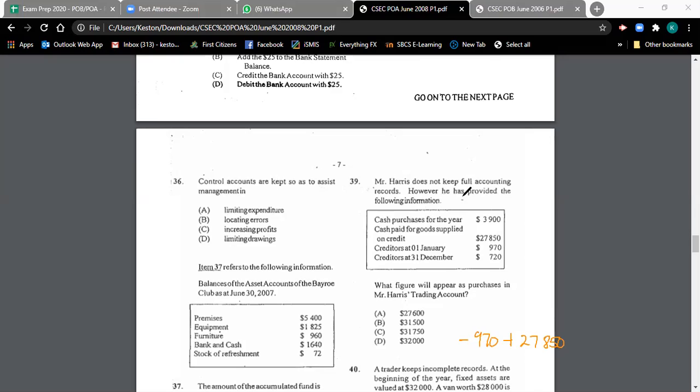So the rest of the money, 26,880, is what you paid during the year to goods supplied on credit. After you pay this, you still end up owing at the 31st of December $720. So there's more money there for credit purchases. So if I add that 720, that's 27,600. And then to that, I have my cash purchases, 3,900, 31,500. B.